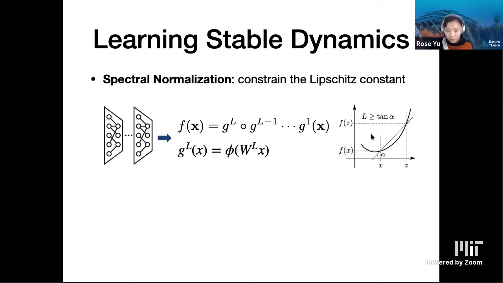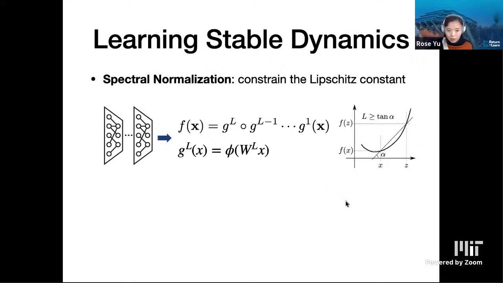So this picture is a visual of what the Lipschitz constant means for a function. Essentially, when we look at the function here, the Lipschitz constant is the upper bound of the slope. So if we have a Lipschitz constant L, then when we look at every angle of this function, L is always the upper bound of tangent of alpha.